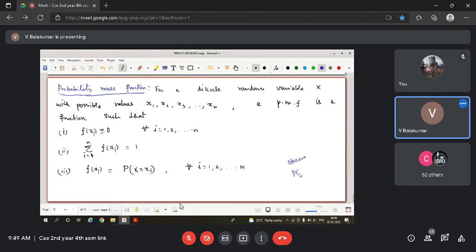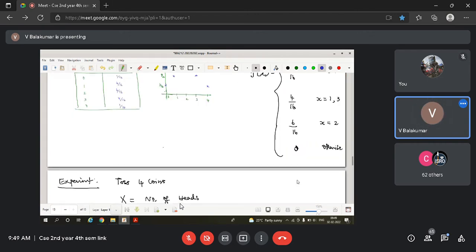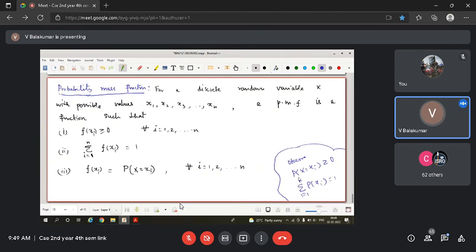That means this probability for that particular value, of course, is always non-negative. Sum of these probabilities is 1. These things we know already, but I am not writing in terms of P. I am writing in terms of f. Is it okay? Because hereafter I want to make abstraction.